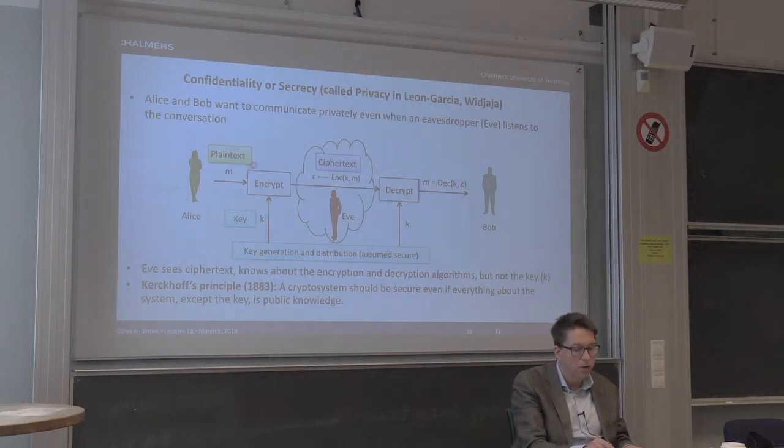And even if you think this is a secret, maybe it's not, because Eve knows about it, right? So the principle for modern security is that the only thing which is allowed to be secret to the attacker, to Eve, is the key, K. Which means that if Eve figures out the key, all things are lost. So the problem is then, of course, to generate these keys and distribute those in a secure manner.